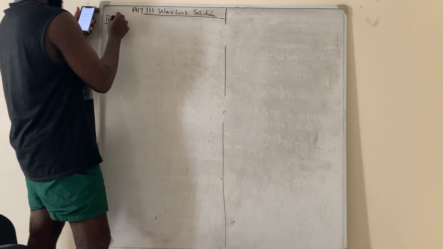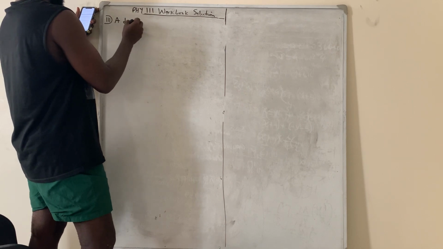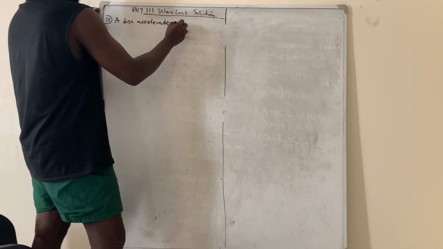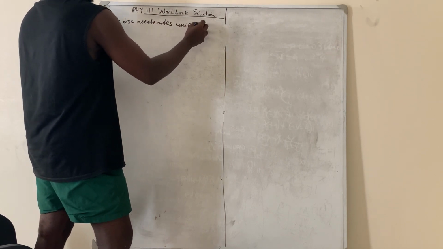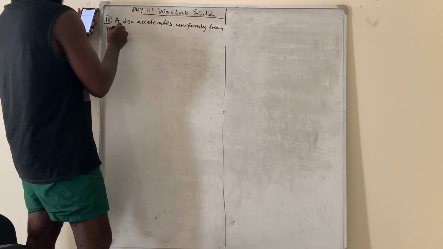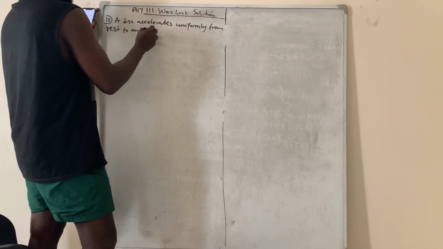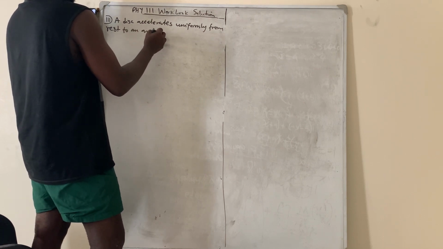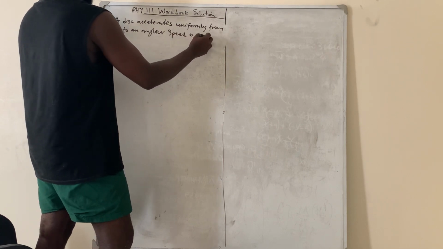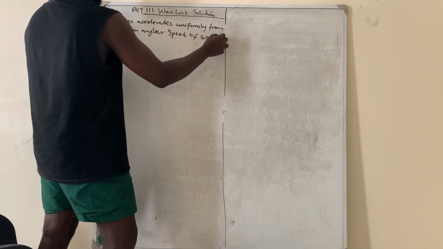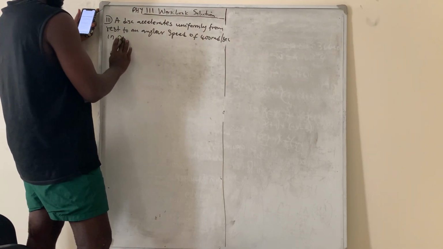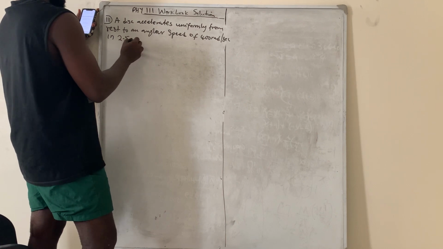So this question said a disk accelerates uniformly from rest to an angular speed of 400 rad per sec in 2.50 seconds.